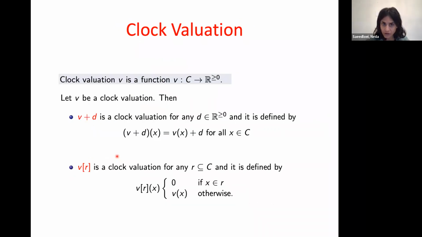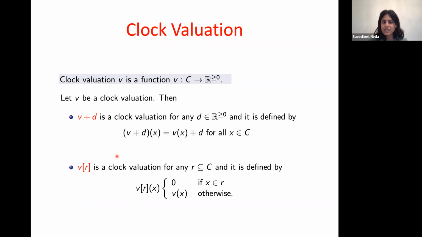Next, we would like to define the semantics of timed automata, but before that, we have to talk about clock valuation. So clock valuation is a function that at any point gives us the current value of a clock. So it is a function from a set C of clocks to all positive real values.